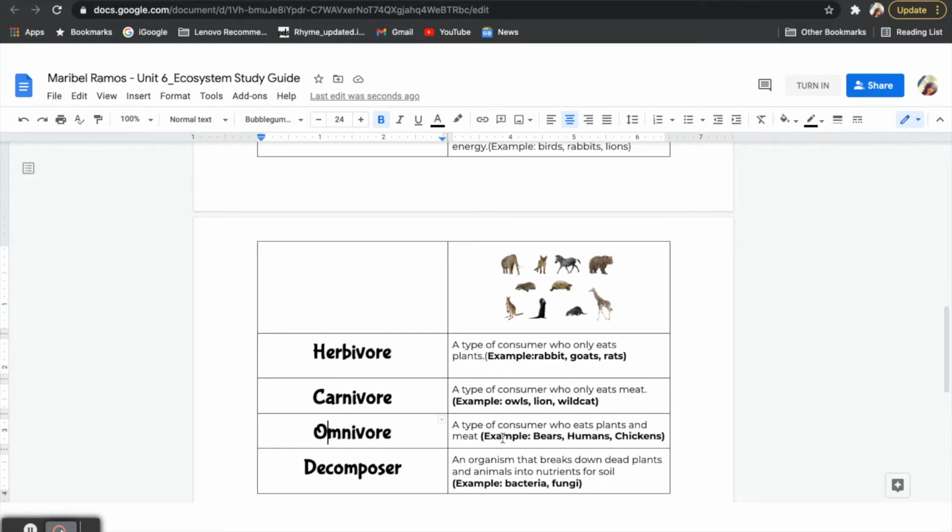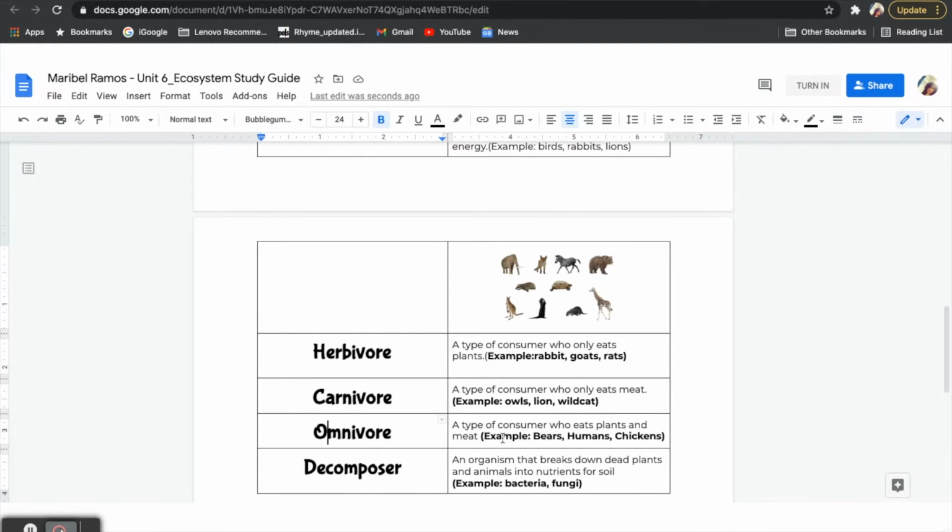Our last role in a food web are decomposers. These are very important because decomposers are what help finish off the food web. At the beginning of our school year, we talked about how soil is made up of different things, and one of those things was humus. We learned that humus is made up of dead plants and animals.